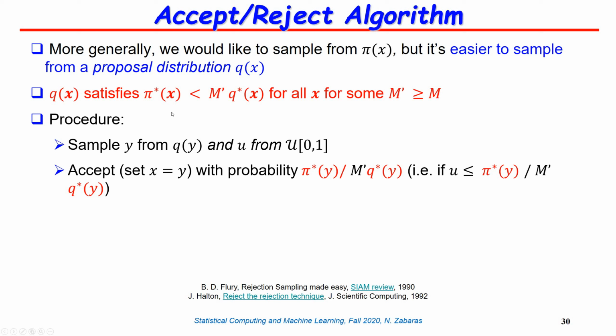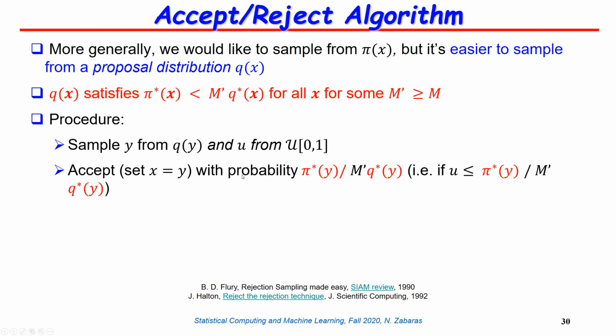Okay, so rather than generating any sample from q of y and saying, oh, that's my new sample for my distribution pi of x, we're going to say, no, you're going to accept this sample y with this probability, where again M prime has been defined by this equation that defines how q dominates pi of x.